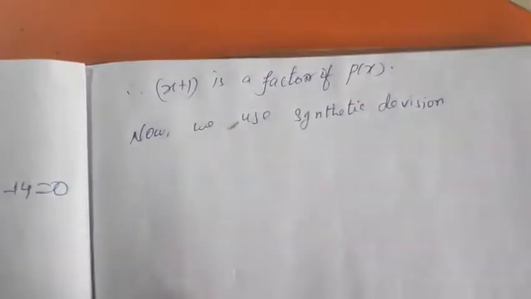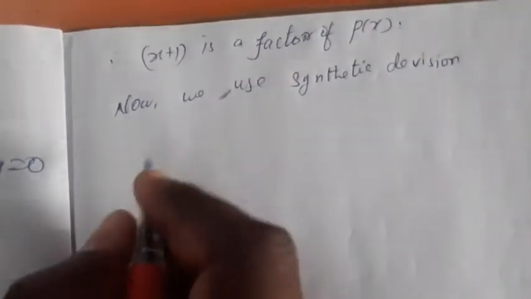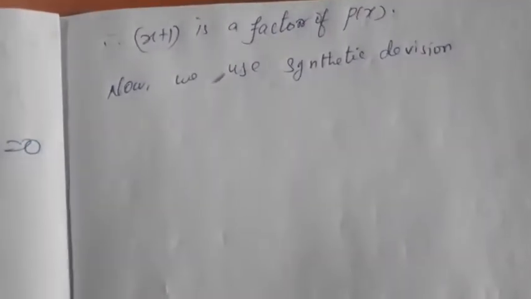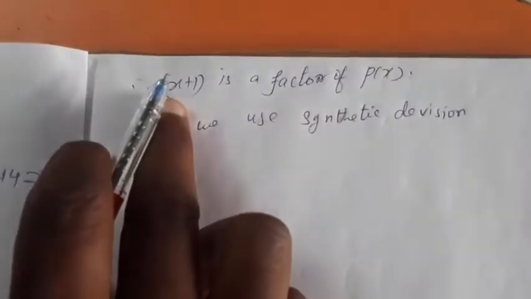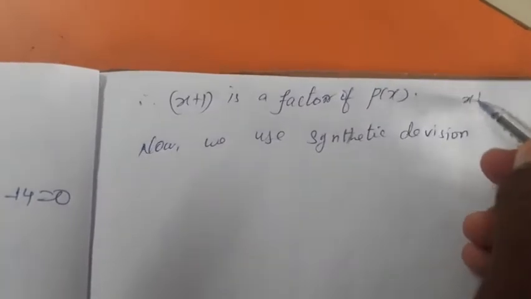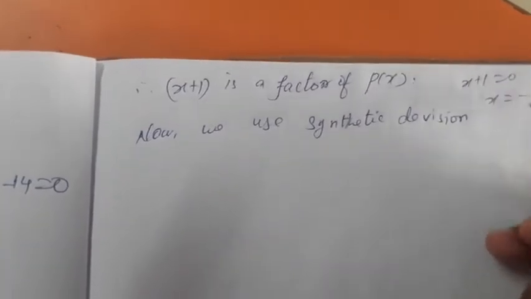What is that? Here x plus 1 is a factor. To find the zero of this factor, x plus 1 equal to 0, then x equal to minus 1.